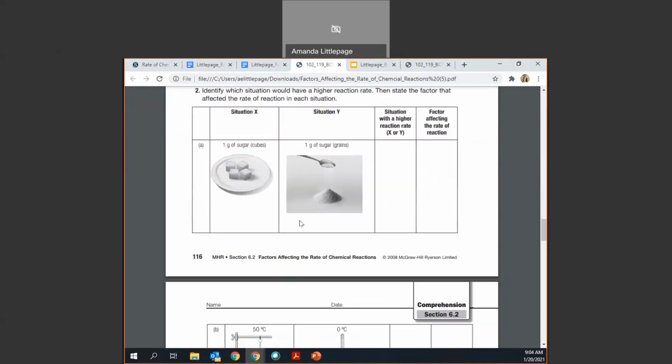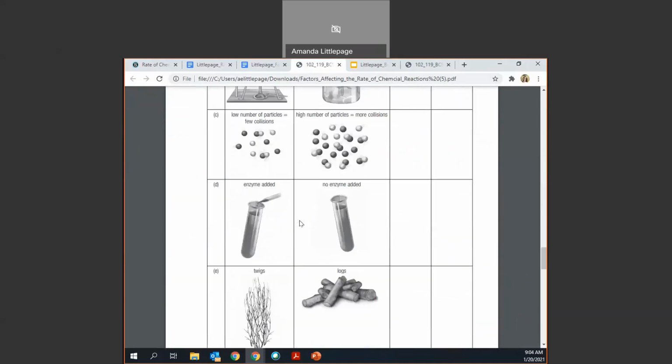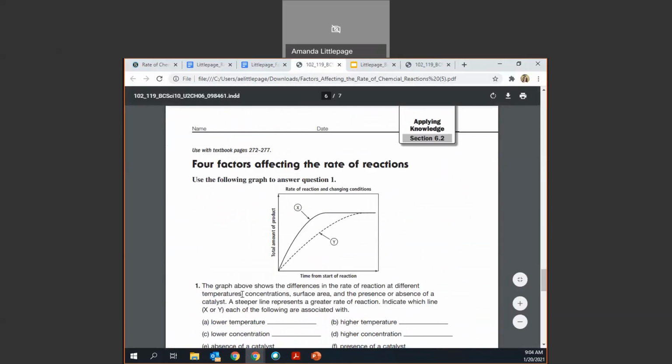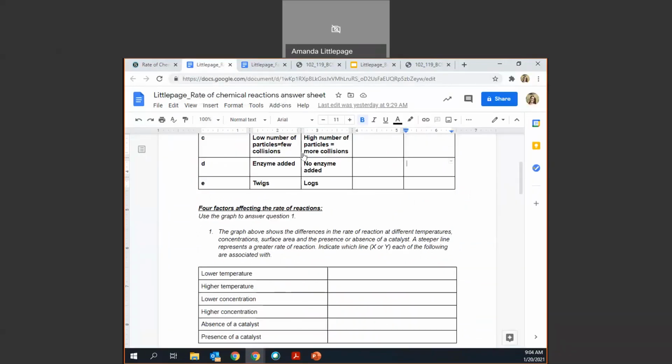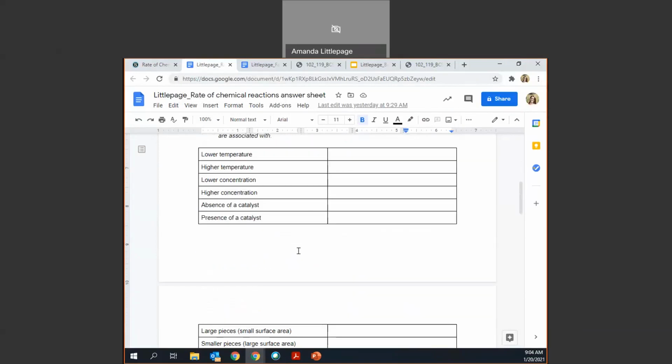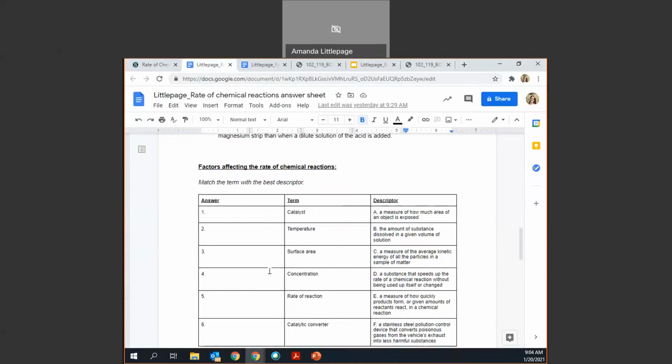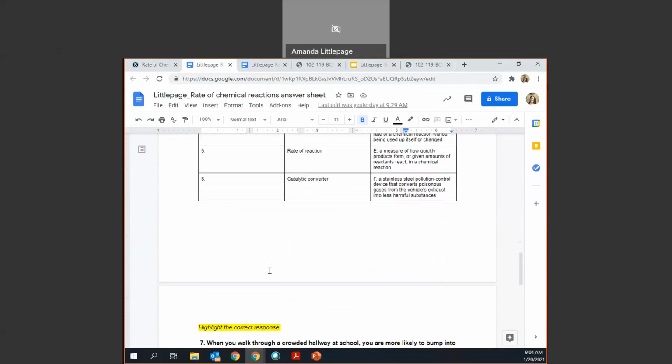When you go to answer this one, this is the corresponding graph. You will use this graph to answer that question in the Google Docs assignment. So that graph corresponds to this right here. After you complete that portion, you'll move on to this section right here, and then the last portion of the assignment.